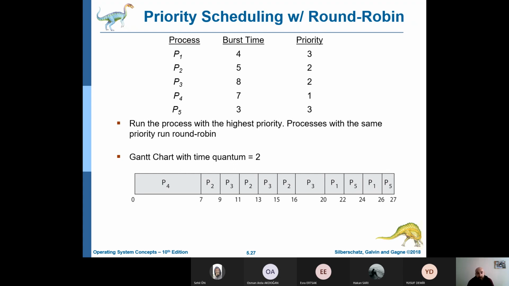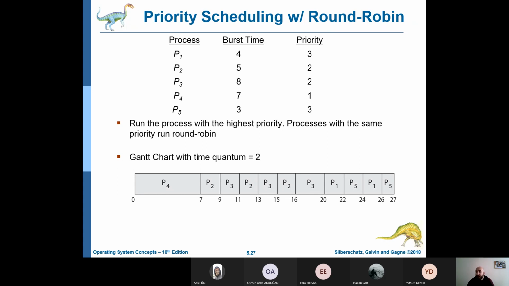Another option is to combine round-robin and priority scheduling in such a way that the system executes the highest priority process and runs processes with the same priority using round-robin scheduling. Let's illustrate with an example using this set of processes with burst times in milliseconds: P1 4, P2 5, P3 8, P4 7, and P5 3.